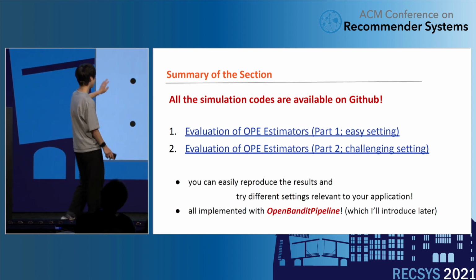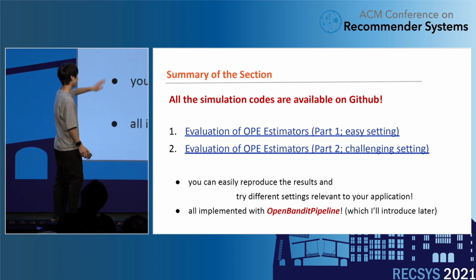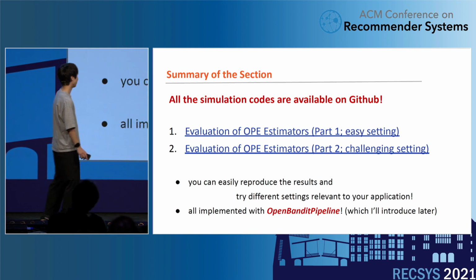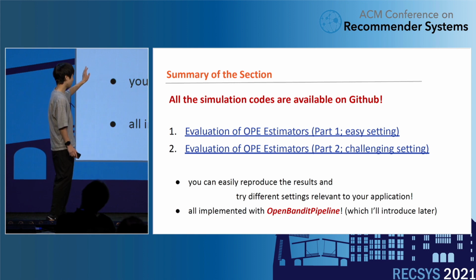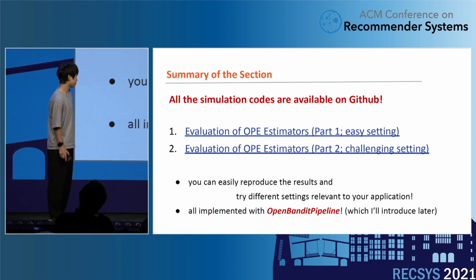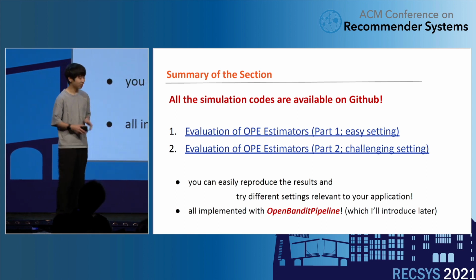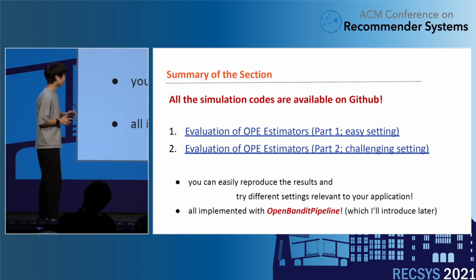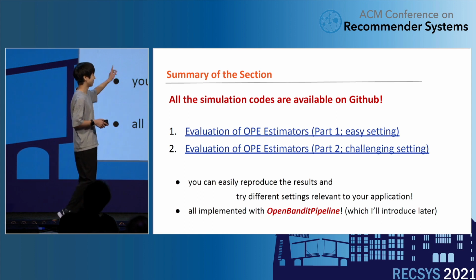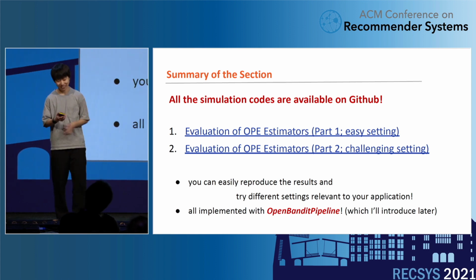And actually, it's very easy to reproduce the result and try some other setting with my implementation, because all implementations are now based on the OpenBanditPipeline, which is a Python package for off-policy evaluation and learning. It helped a lot in my creating tutorial content. I think it is a great package.